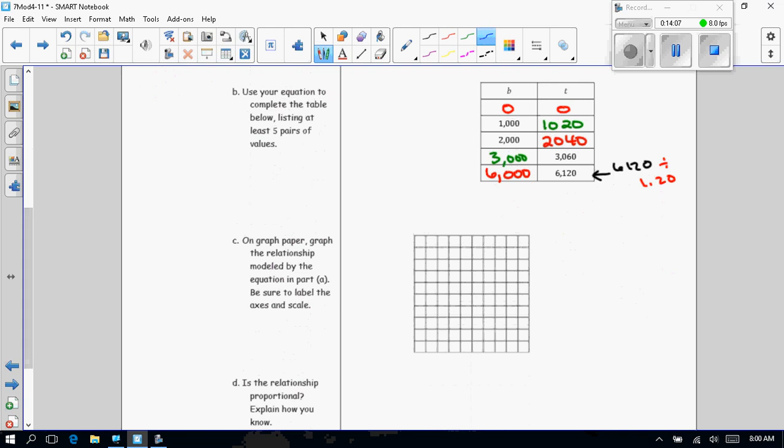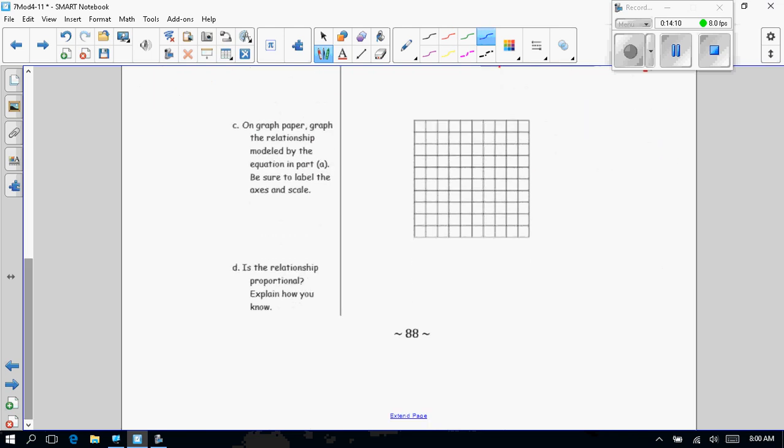So the taxes that we had before are going to go down here because before is my independent, and the after tax is going to be my dependent.